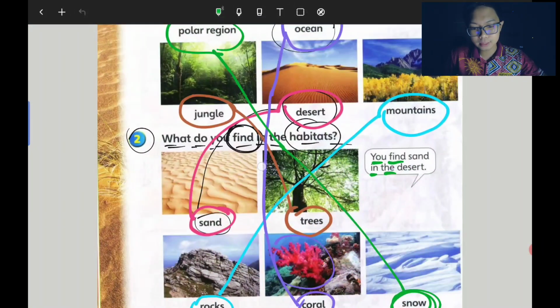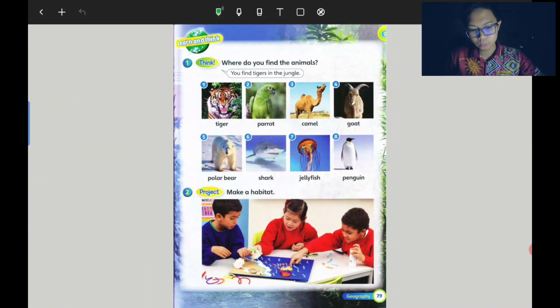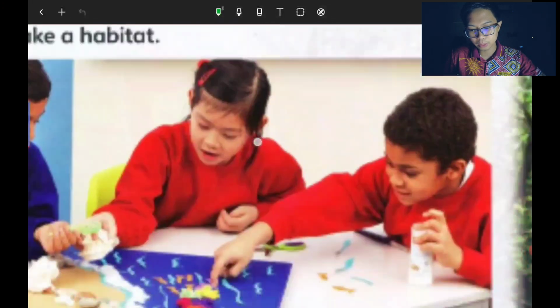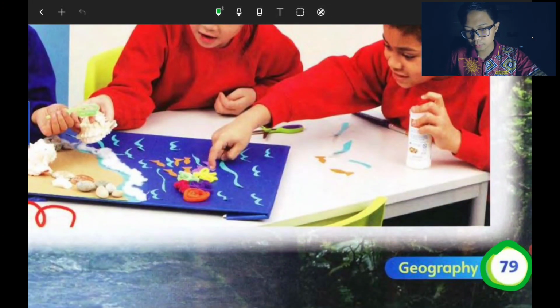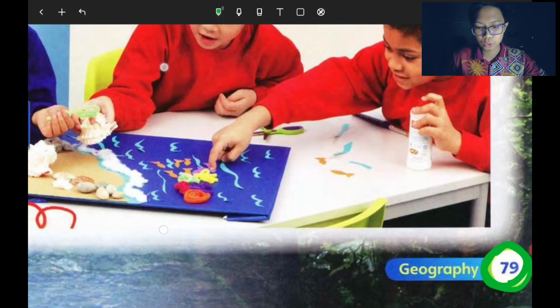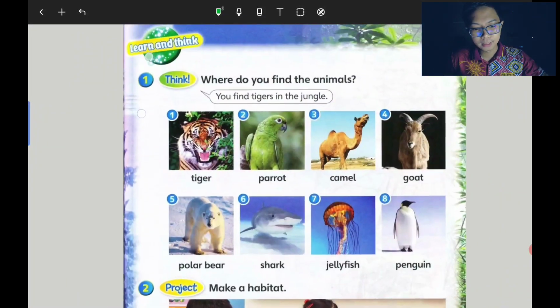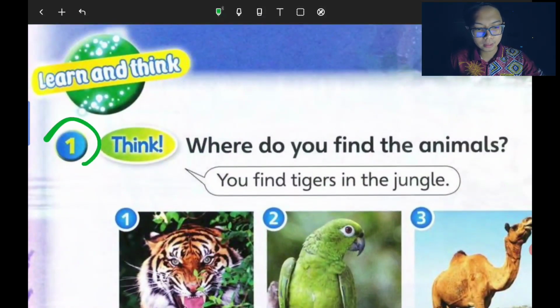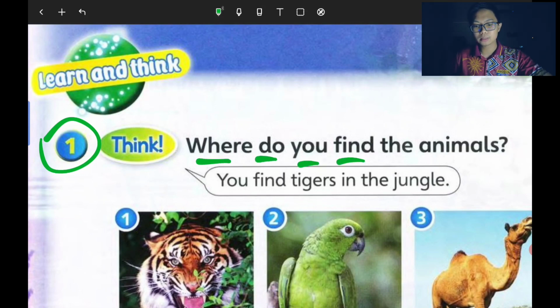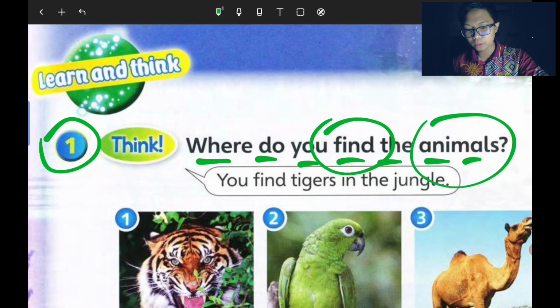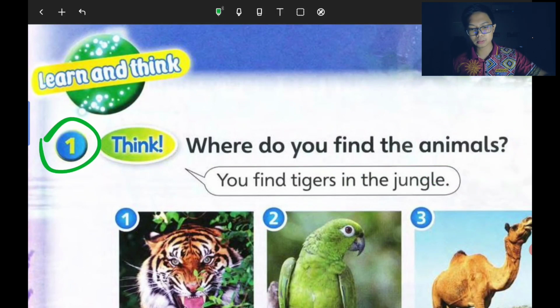So next page, on the next page we have, okay, page 79. Okay, page 79, muka surat 79. Let's see, another activity. Where do you find the animals? Okay, di mana kamu boleh jumpa haiwan-haiwan ini? So what are the animals?